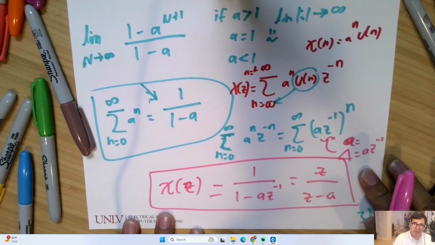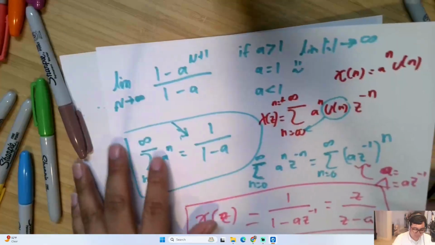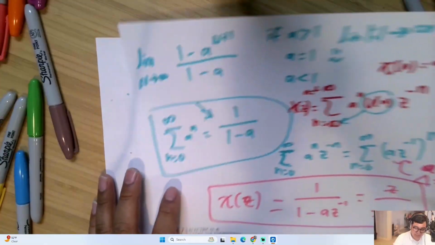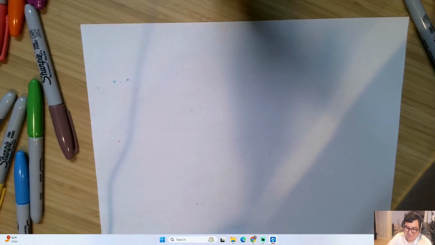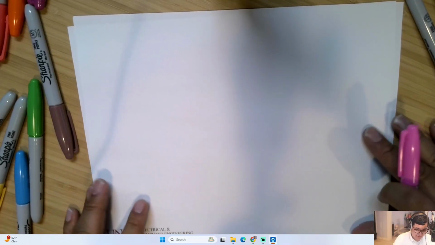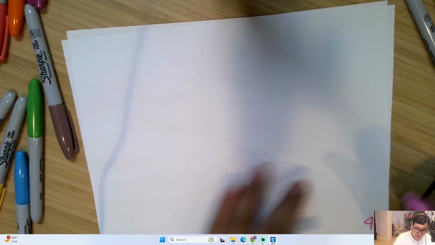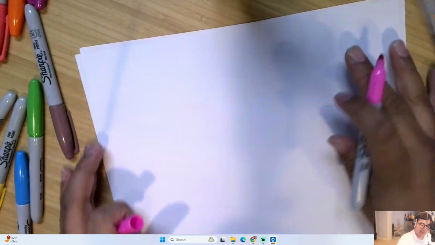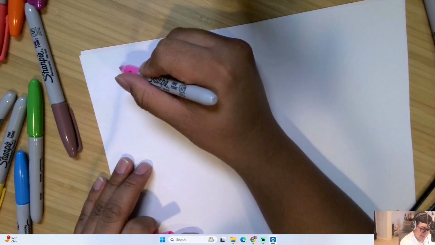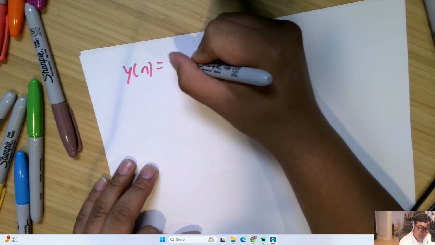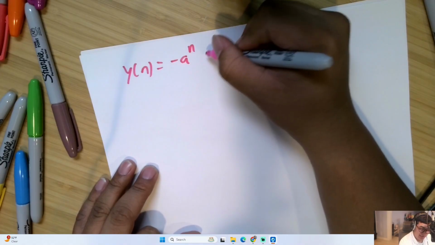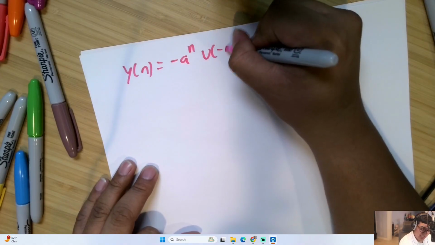A similar approach can be done with the non-causal, some people call it anti-causal. On page 4, let's say Dr. Stewart says, y of n is equal to minus a to the n, u of minus n minus 1.